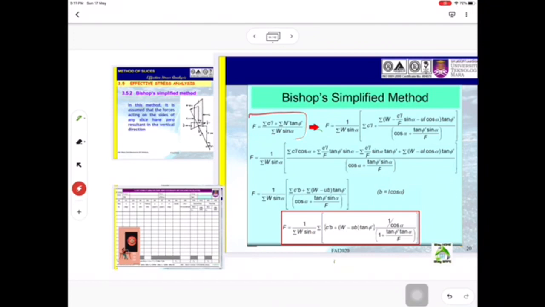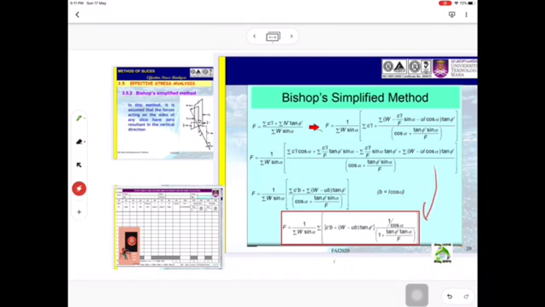Actually it's from the same formula, the shear strength formula. But due to this force diagram, Bishop came up with factor of safety with this long equation, and this F is actually factor of safety.